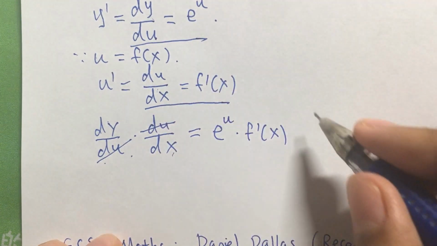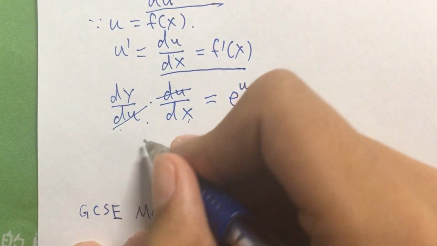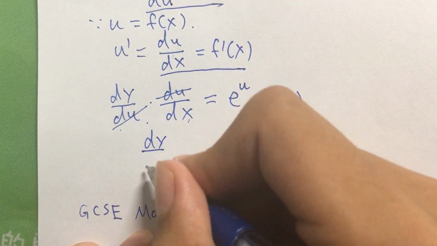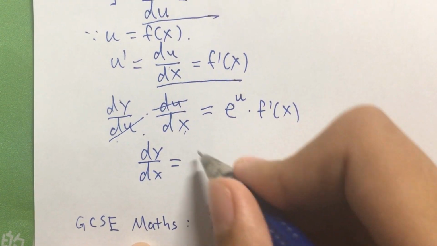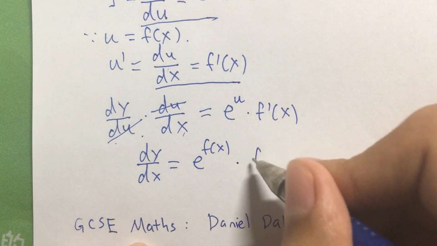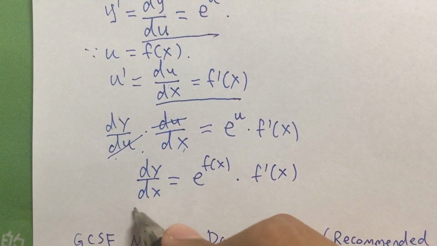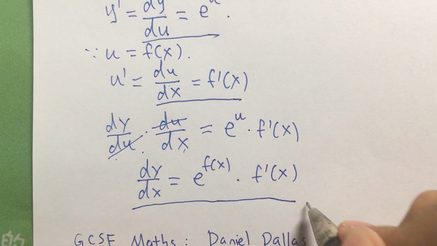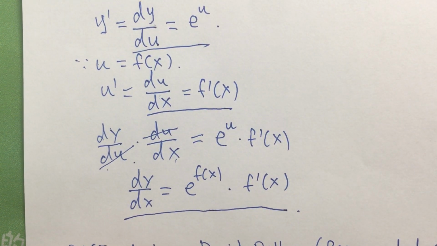And we know u is equal to f of x. So dy over dx is equal to e to the power of f of x times f dash x. And that is our final solution.